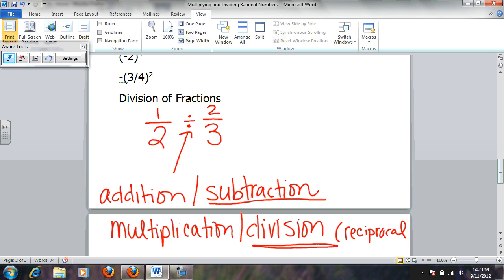So remember, instead of keep it, change it, switch it, it's keep it, change it, flip.